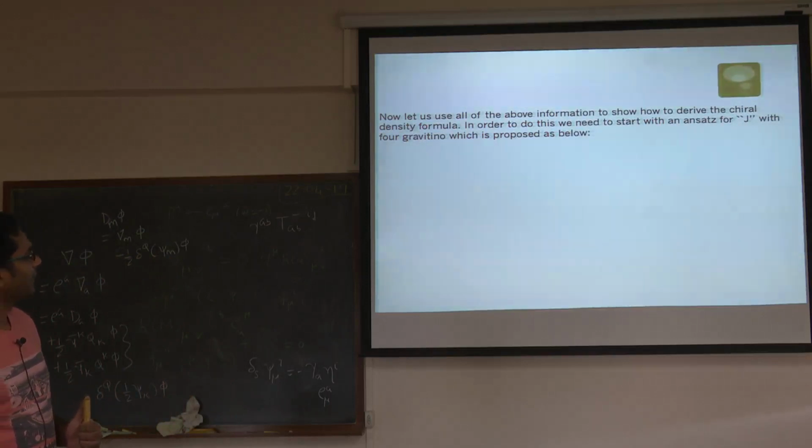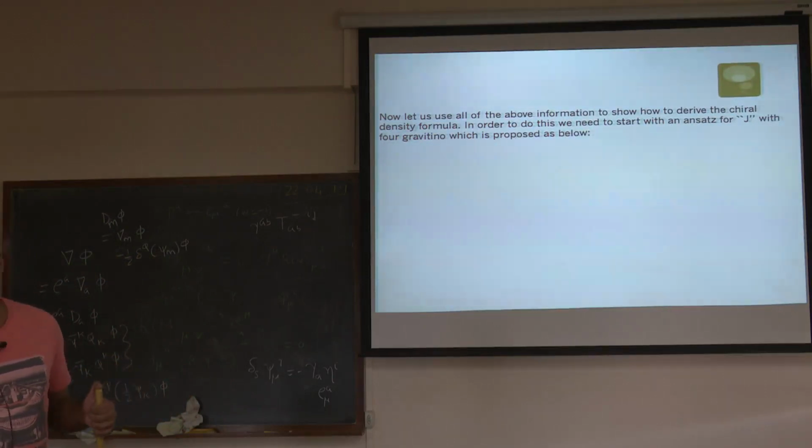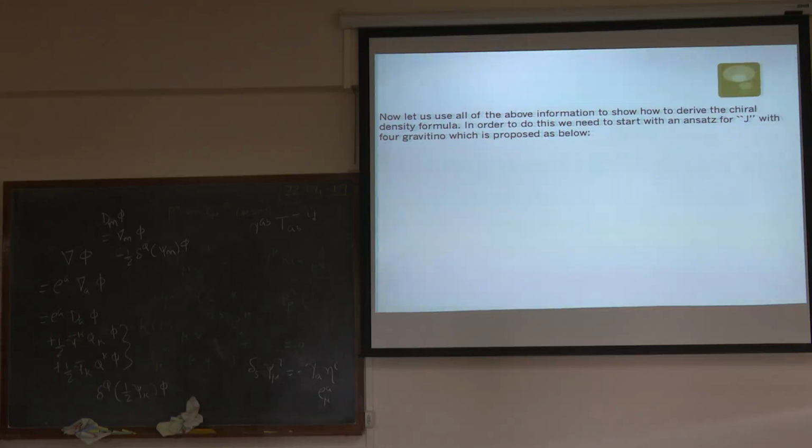So, let us use all of this above information to derive... I will not derive the chiral density formula, but I will derive one layer of that, which will tell you how to proceed. To do that you have to start with an ansatz for a term containing the maximum number of gravitinos.